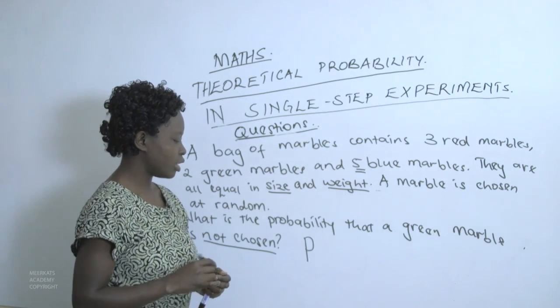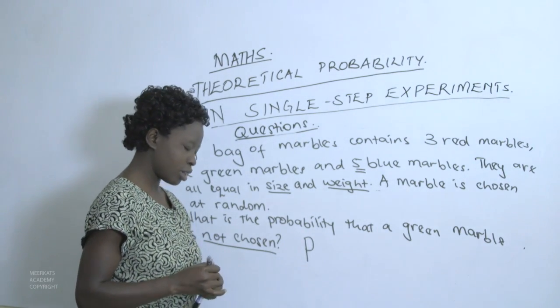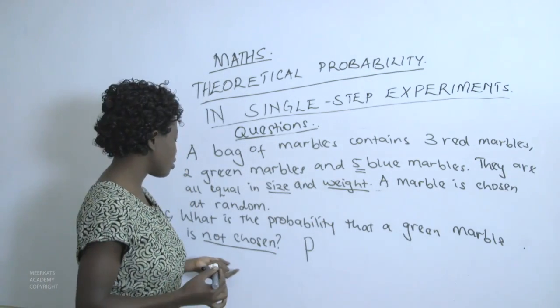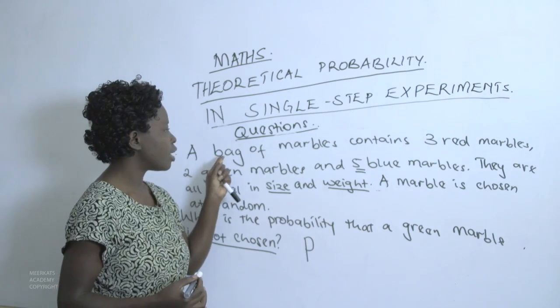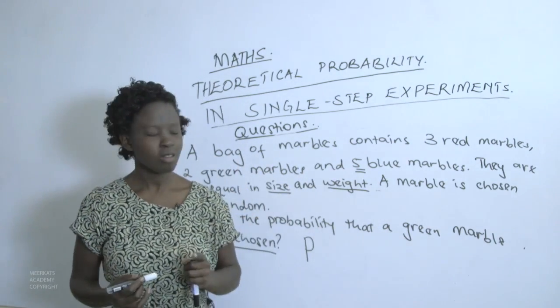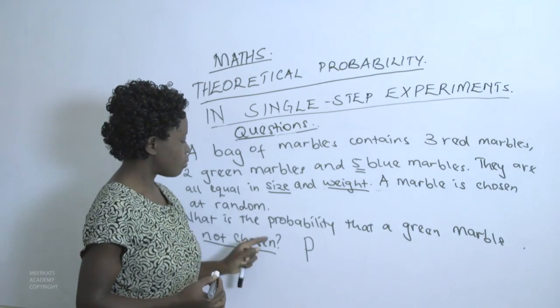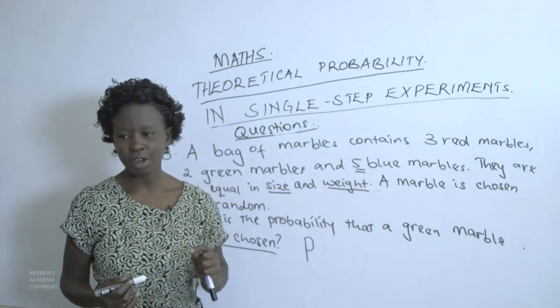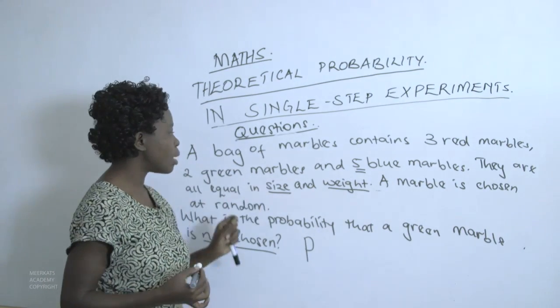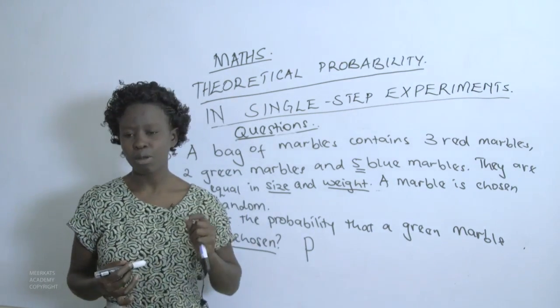Or alternatively, the probability of not choosing green. If this person doesn't choose green, then it means that he has chosen a red or a blue marble. So the probability of not choosing green gives an opportunity for either a red marble or a blue marble to be chosen.